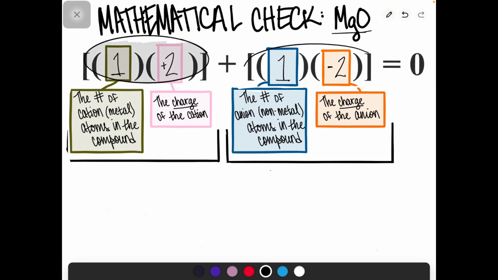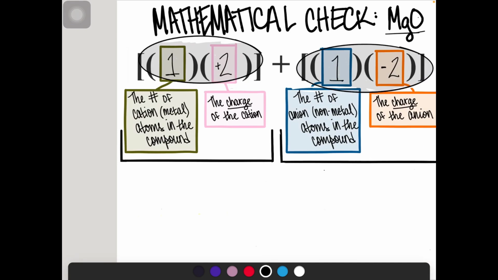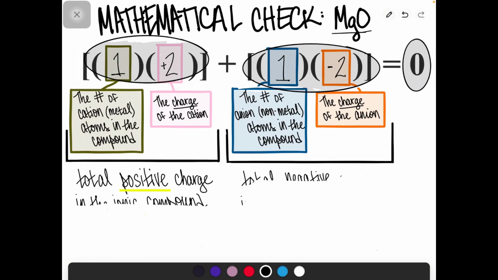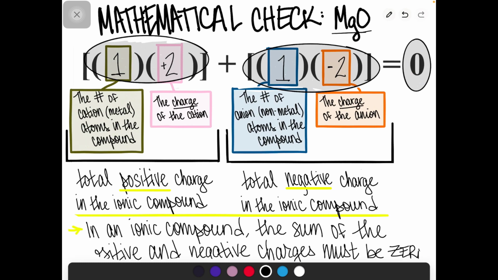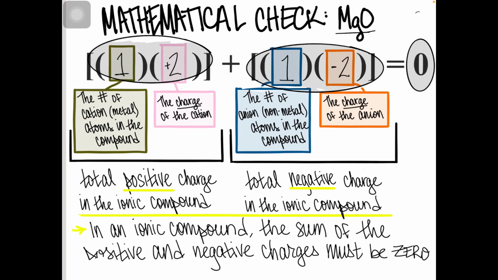And if I take this, I'm going to get -2. +2 and -2 are going to give me 0, right? So we need to take the total positive charge of the ionic compound and the total negative charge of the ionic compound, and those should equal out to be 0.